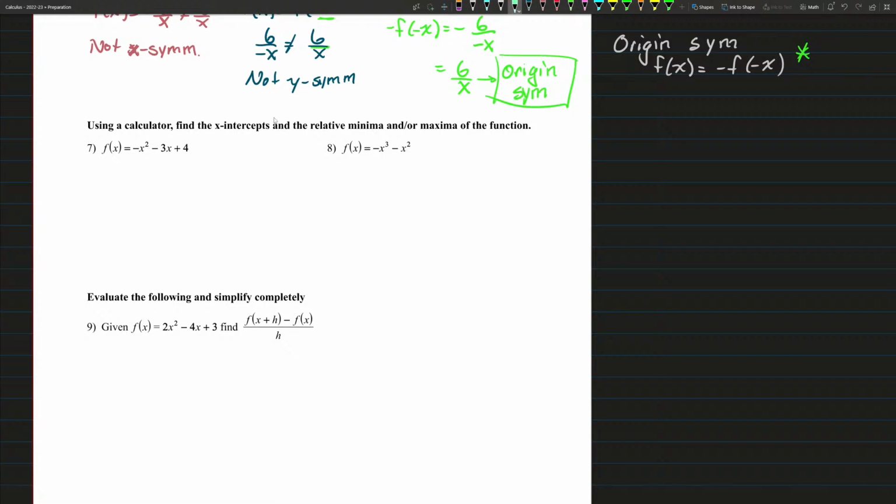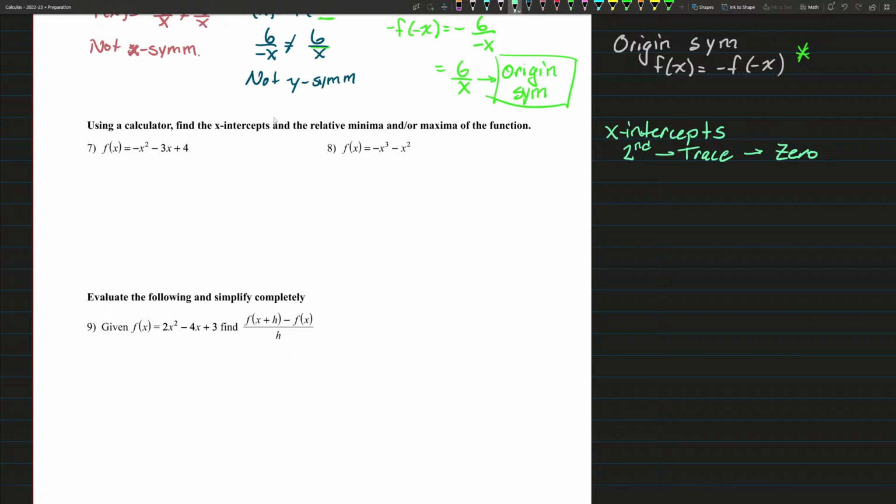For zeros, so for x-intercepts, you would graph it, right? So you would plug f of x into y1, you'd hit graph, and then you'd go to second, and then trace, then go to zeros, and then it's going to ask you a couple of questions. So it's going to ask you left bound.